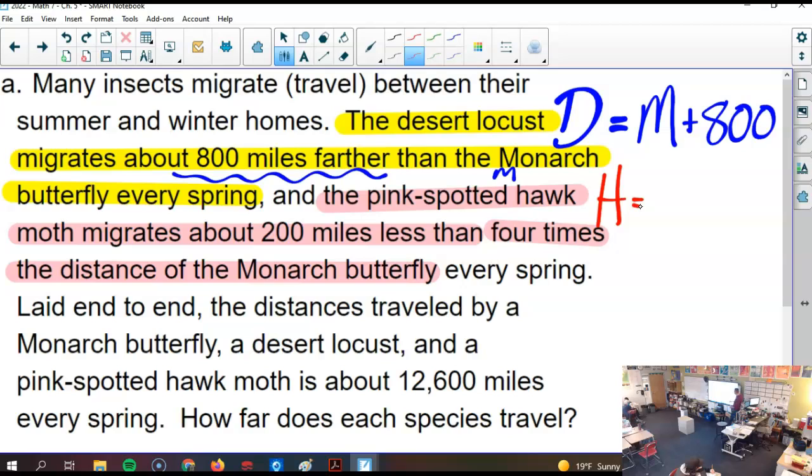Jesus, if it's 200 miles less than, what's that less than going to do? Is it going to add, subtract, multiply, divide? Subtract, right? But subtract from what? So we're going to subtract 200, but from what? What would we be taking that away from? 4 times the... So how do we write that?